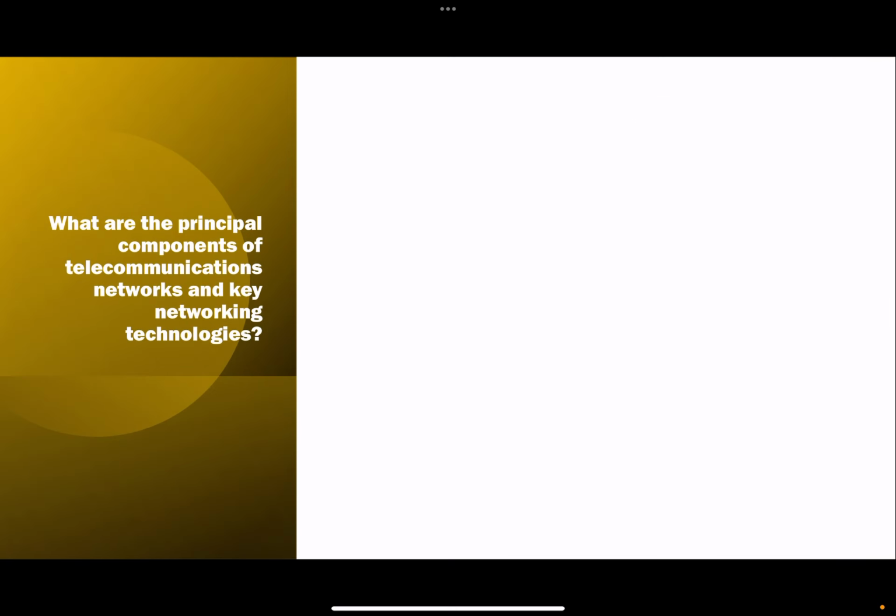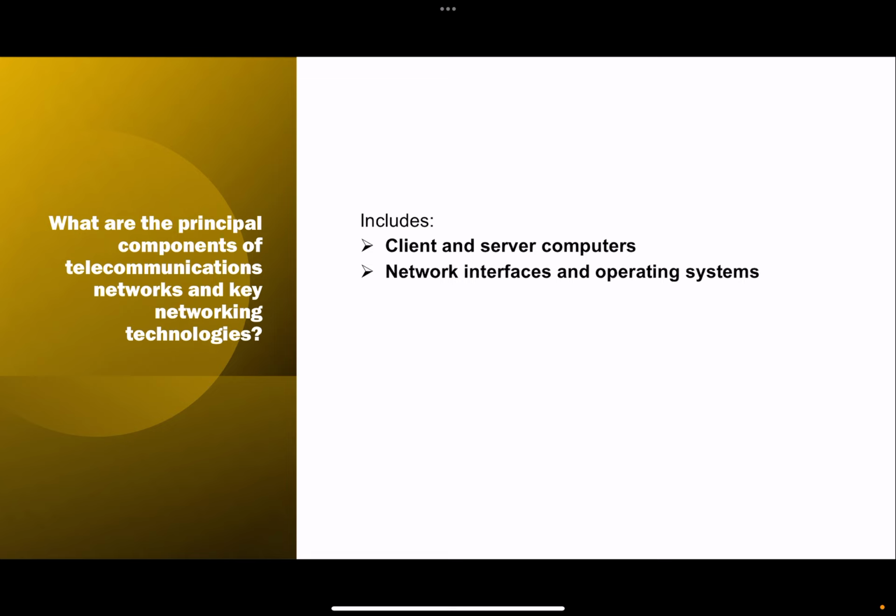So, here we have an important question. What are the principal components of telecommunications networks and key networking technologies? It includes client and server computers, network interface and operating systems.